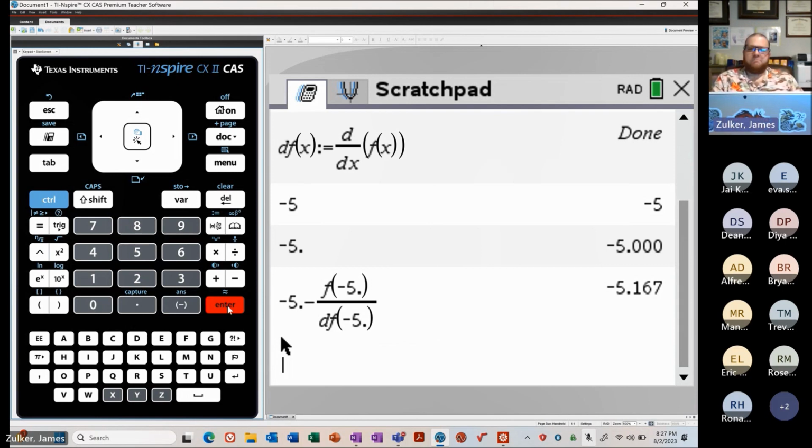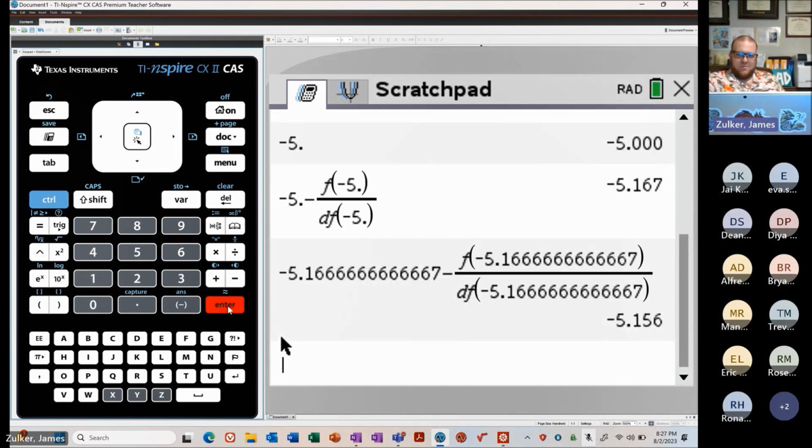So there's x1. Now, all I have to do is hit enter again, and it'll give me x2. There's x2.